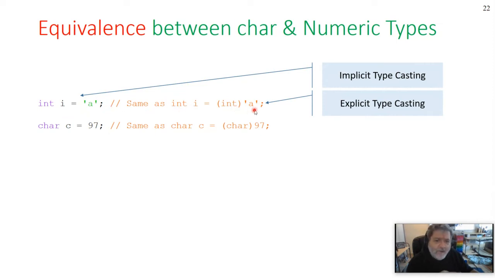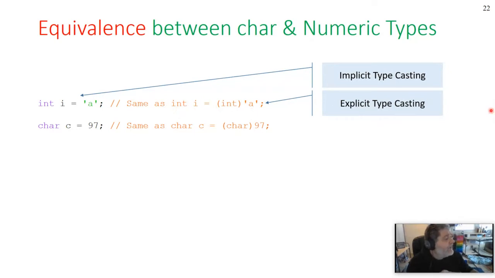So I'm going to auto-convert for you that character A, which is decimal code 65, to an int. So now I have the value 65, and I'm going to store that in an int variable. So Java is super flexible when it comes to characters. It goes from character representation to the index that represents a character in the ASCII table, back and forth between the two without any problem.